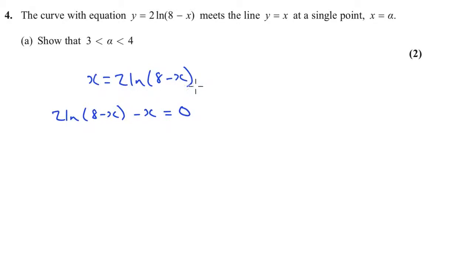Okay, so I've moved the x to the other side so that I've got equal 0. That will allow us to see a sign change, hopefully. So if I call this f of x, then f of 3 is going to be 2 times the natural log of 5 minus 5.